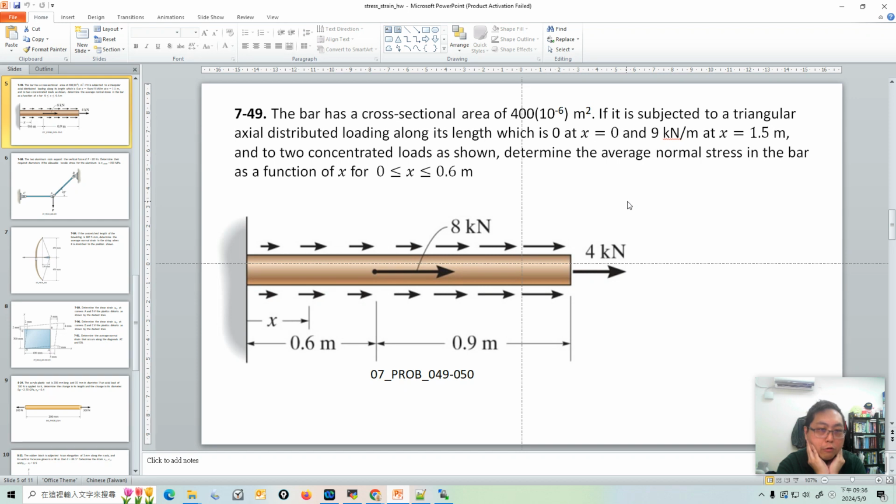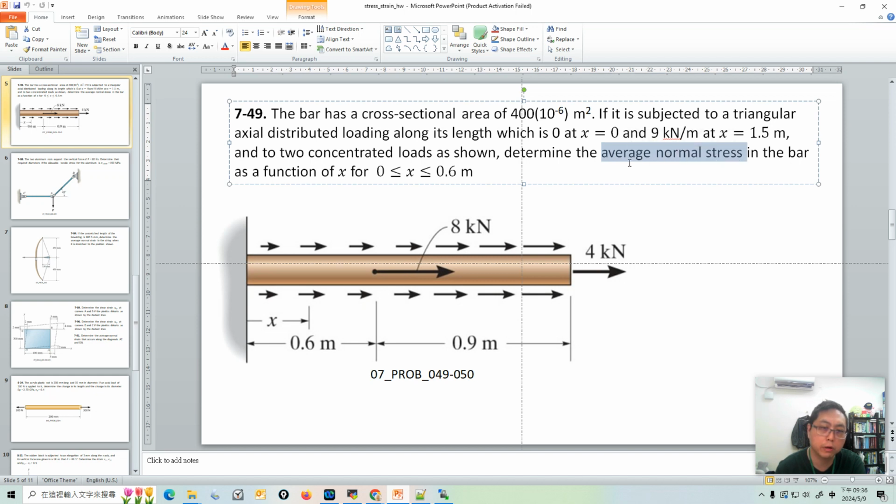At x equals 0, the load intensity is 0, but at x equal to 1.5 meters, the load intensity becomes 9 kilonewton per meter. Determine the average normal stress in the bar as a function of x between 0 and 0.6.